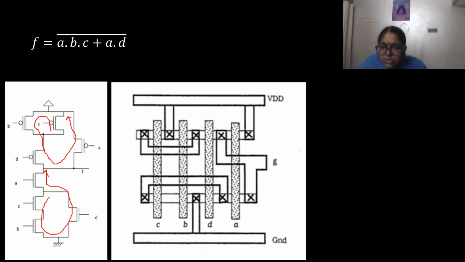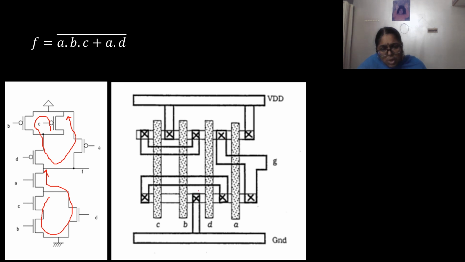So we have traversed through the PMOS circuit also using just one particular path without traversing through any transistor more than one time. So we are able to traverse through the circuit. So CBDA is the order of the inputs which need to be given to the polysilicons.